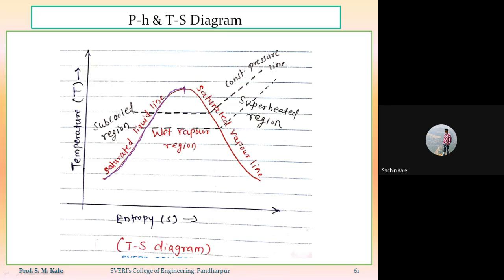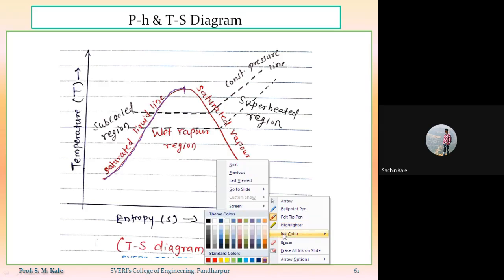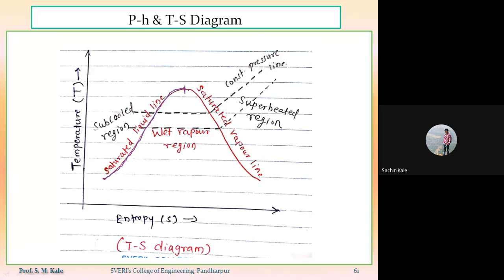And there will be another line that will be called a saturated vapor line. This is the line which is called a saturated vapor line. And the point at which the saturated liquid line intersects with the saturated vapor line will be called which point? That will be called the critical point.